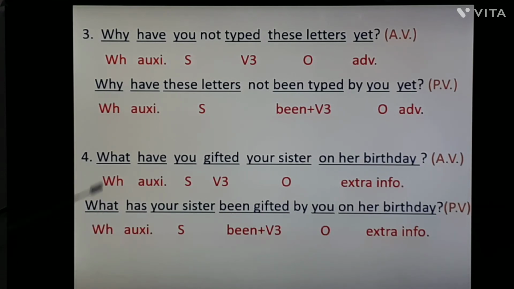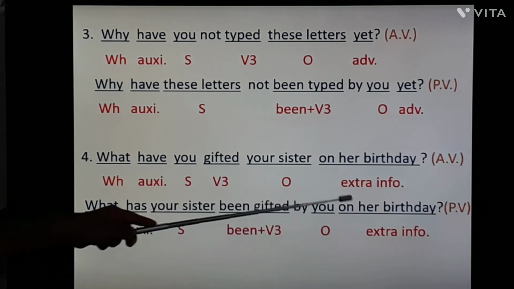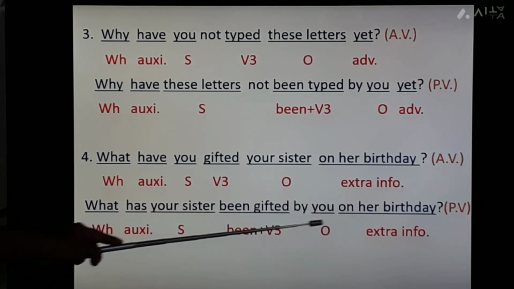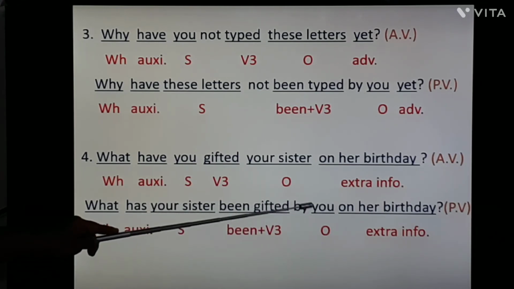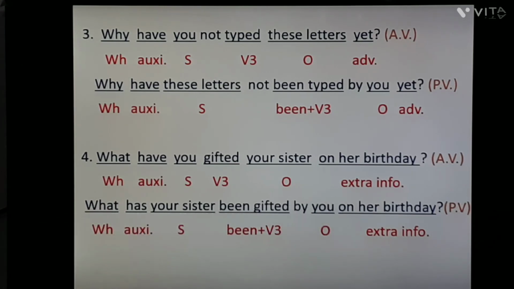So, what has your sister been gifted by you on her birthday? Then put a question mark. So here, what, WH question, has, auxiliary verb, your sister, subject, been gifted. So been plus V3 form, by, then you, on her birthday, that is extra information. This is passive voice.